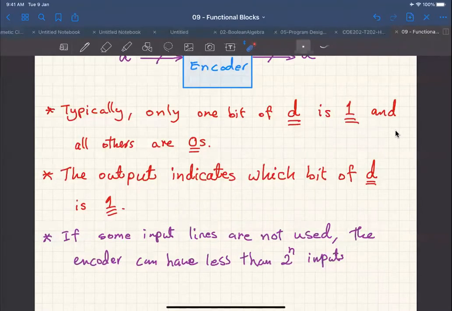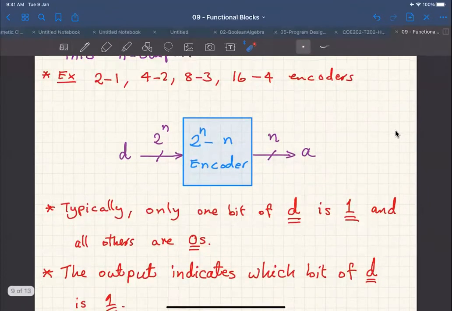For example, if you're using only 12 input lines, you still have four output lines. So it's called a 12 to 4 encoder, but you're not using the full range of 2 to the n, which is 2 to the 4 in that case, okay. Any question?